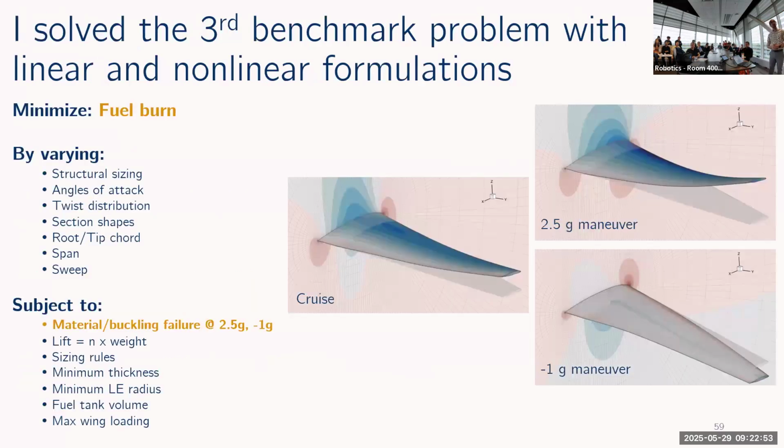All right, so now we can finally do some optimization. And I'm going to go back to those benchmark problems and solve the third most complex one of those benchmark problems. So as a reminder, in this case, we have 3 flight points that we do analysis at, cruise condition that we use to compute a fuel burn, and then 2 different maneuver conditions where the structure has to have a safety factor of 1.5.